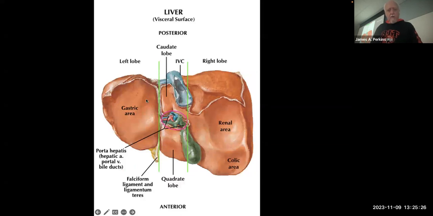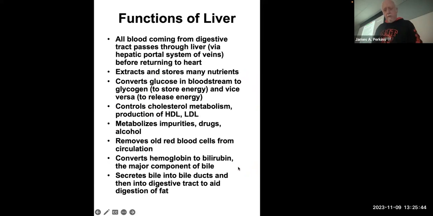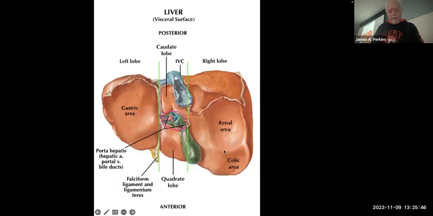The left lobe, which is over to the left side of the body, has a gastric surface on its inferior aspect. This is in contact with the fundus of the stomach. The right lobe of the liver on the right side of the body has a renal area or renal surface that's in contact with the right kidney, and then a small colic area or colic surface, which is in contact with the right colic flexure or hepatic flexure of the colon.